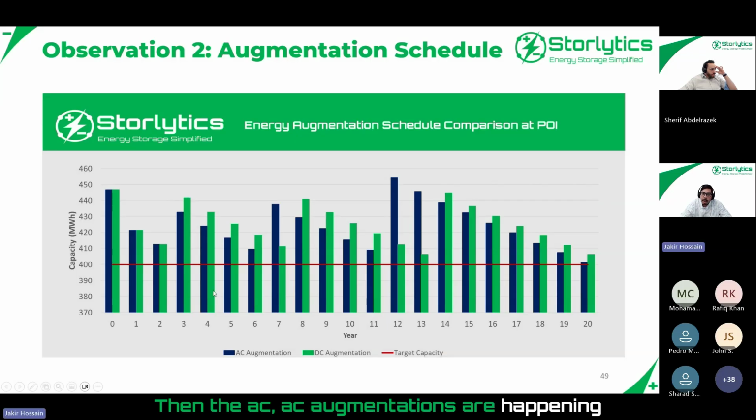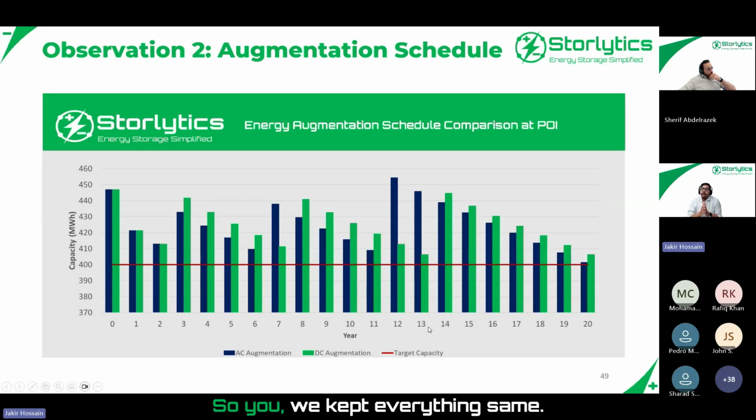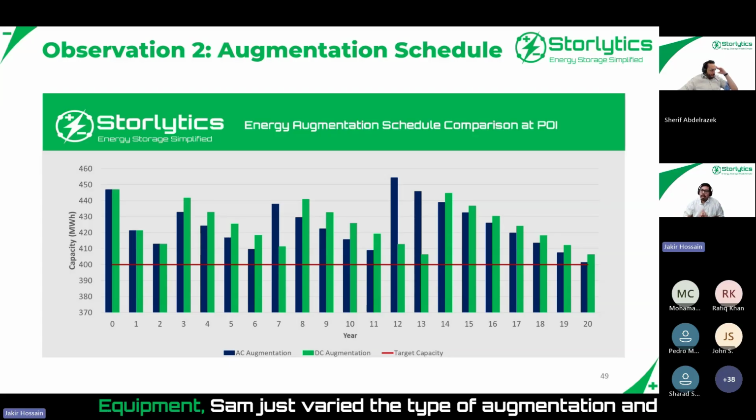AC augmentations are happening at year 3, year 7, and year 12, and DC augmentations are happening at year 3, year 8, and year 14. So we kept everything the same: location, use case, equipment. We just varied the type of augmentation, and that is causing the augmentation schedule to be different.